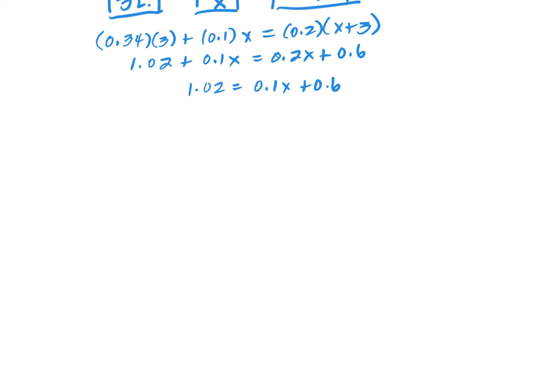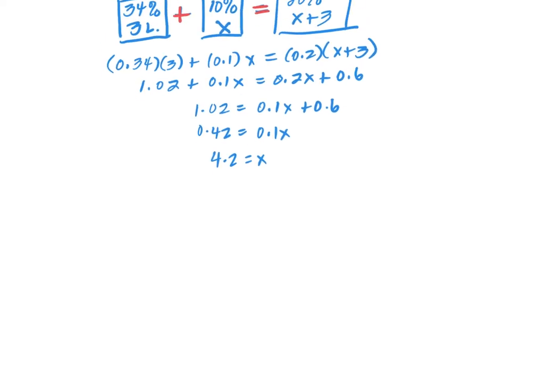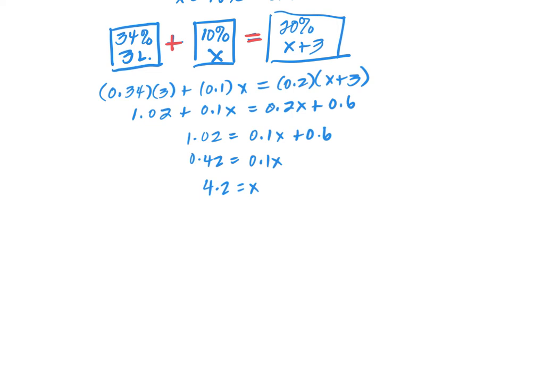And if I subtract 0.6 from both sides, I should have 0.42 is equal to 0.1x. And then divide both sides by 0.1 would give me 4.2. It's a positive answer, so that is reasonable. And I started out with 3 liters, so adding 4.2 liters is a reasonable answer.